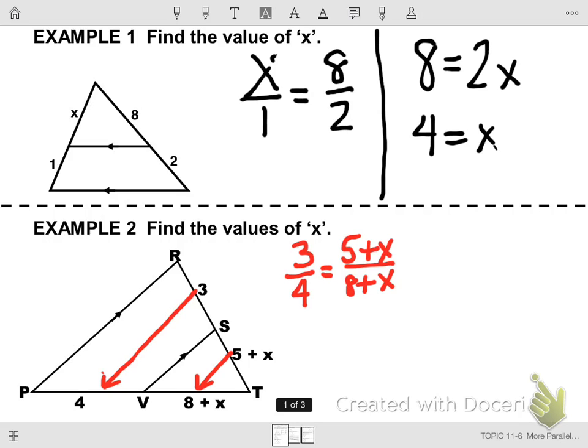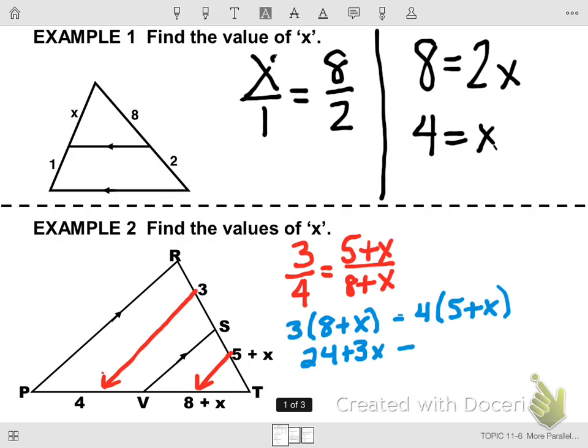To solve this one, we're going to have to cross multiply and use the distributive property. So we're going to have 3 times 8 plus x equals 4 times 5 plus x. Distribute, we get 24 plus 3x equals 20 plus 4x.